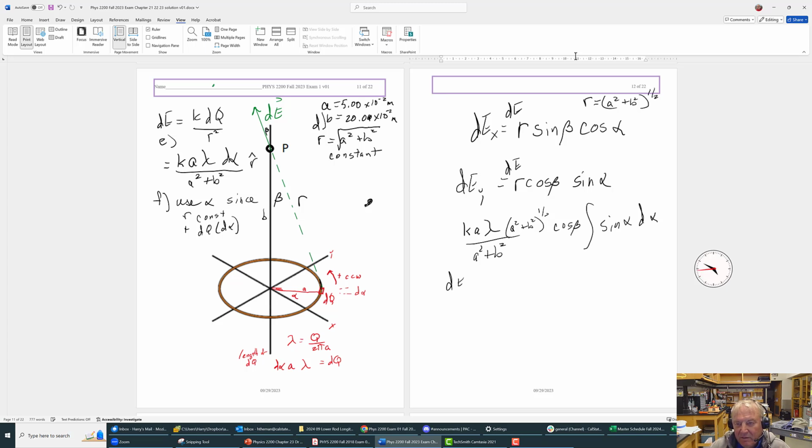and the dEx becomes the same, not quite. This part's the same. And that's sine of beta. And then it's cos of alpha d alpha.